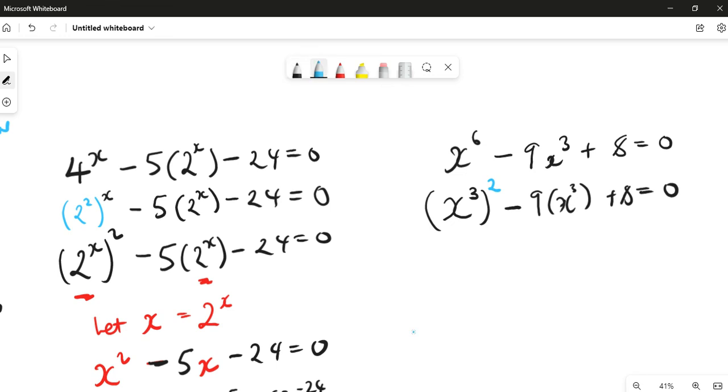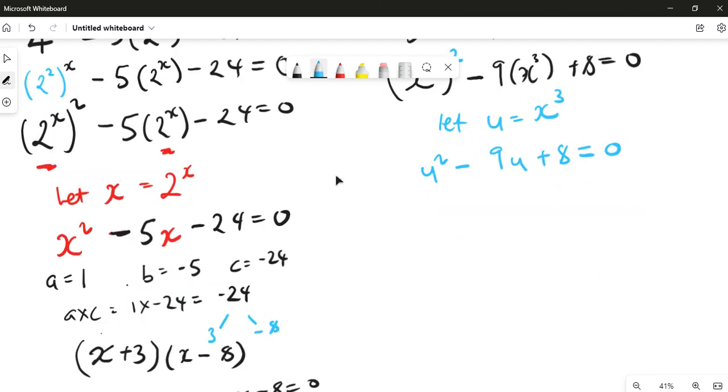Now we can substitute. In this case, we'll let u equal x to the power 3. So now we're going to have u squared minus 9u plus 8 equals 0. Solve this quadratic equation by factoring. Our a is the coefficient of u squared, that is 1.